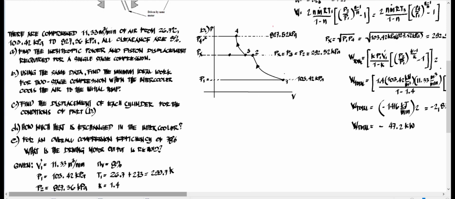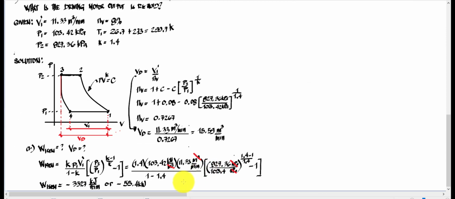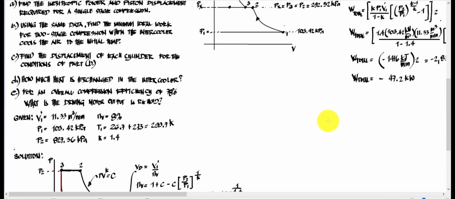So you'll see the difference, no? That we save. If you subtract 47.2 from 55.4 kilowatts, nakasave tayo ng mga 8.2 kilowatts sa work of the compressor. So that is 8.2 kilowatt of electric power consumption.